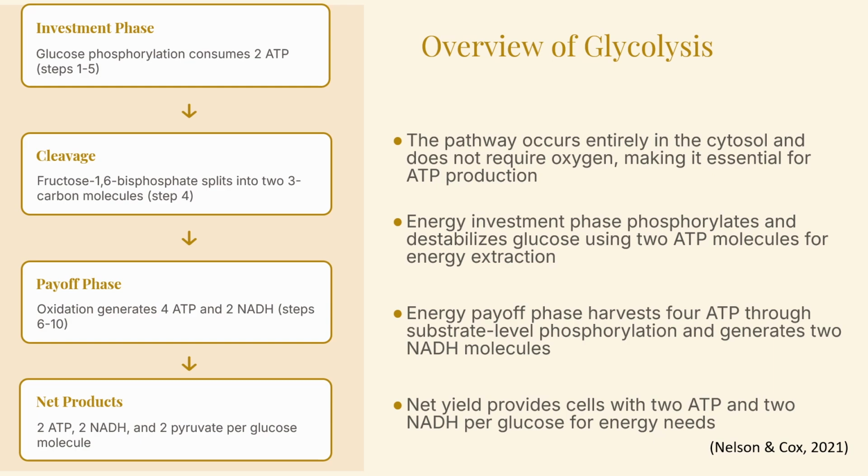Along with these 2 ATP molecules, glycolysis also produces 2 NADH molecules and two molecules of pyruvate. These products can then enter other metabolic pathways such as the citric acid cycle under aerobic conditions or fermentation under anaerobic conditions, depending on the cell's environment and energy needs.